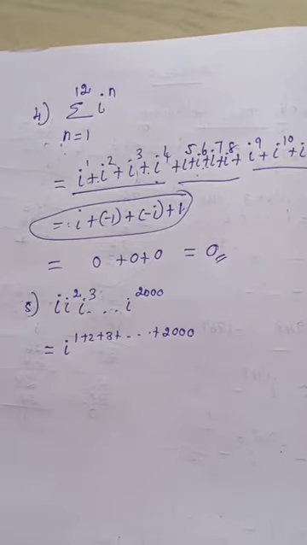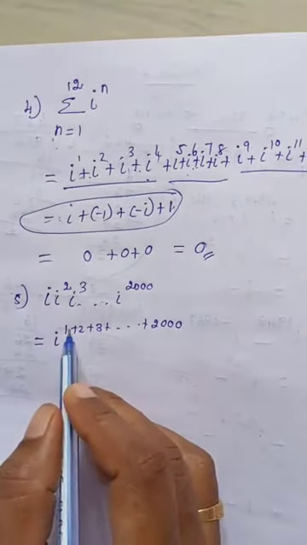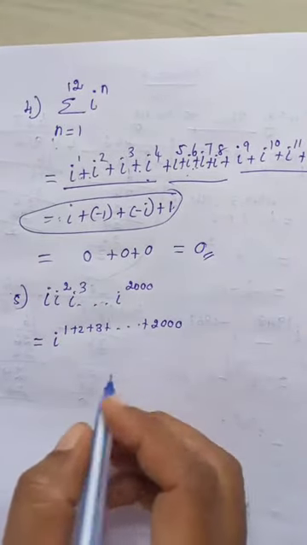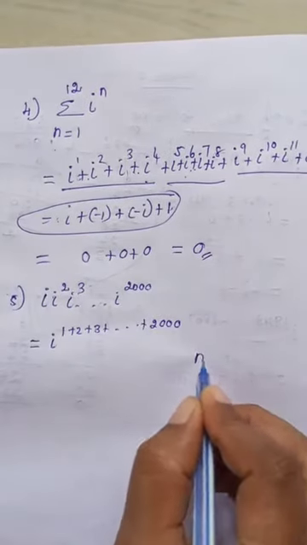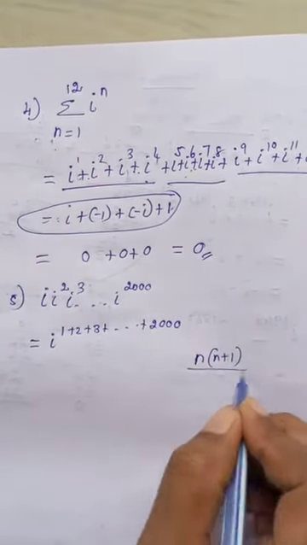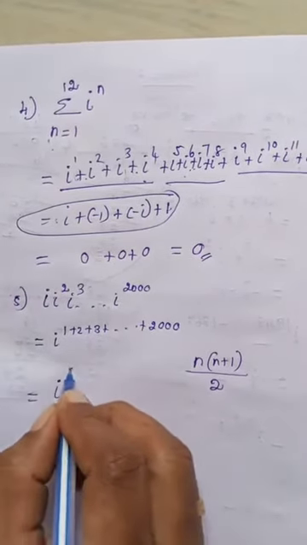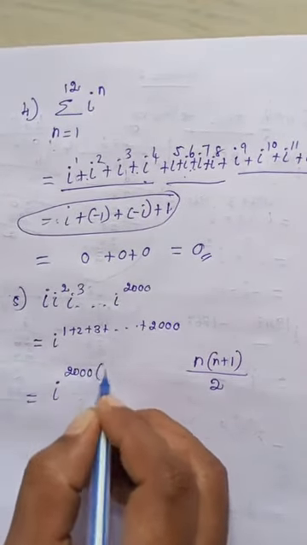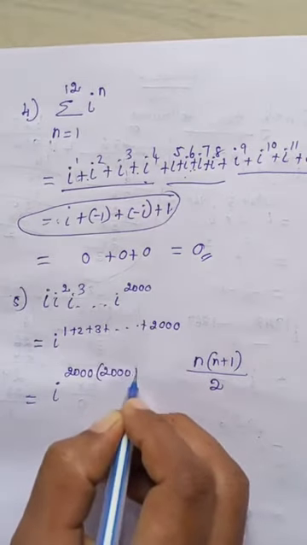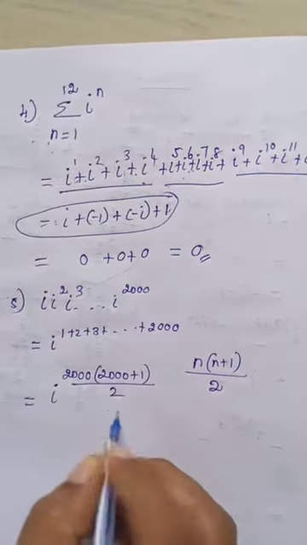See here, this is the sum of the first 2000 natural numbers, isn't it? We know the formula is n into n plus 1 by 2. So we may get i power 2000 into 2000 plus 1 divided by 2.